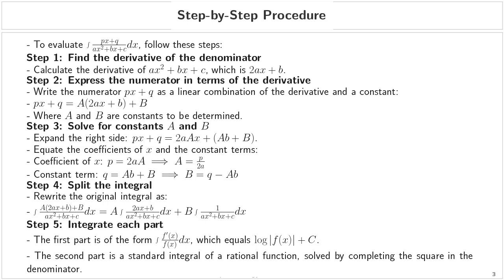The second integral, B times the integral of 1 divided by (ax squared plus bx plus c) dx, is a standard integral of a rational function. We'll typically solve this by completing the square in the denominator, as we discussed earlier, to get it into a form we can easily integrate using standard formulas.